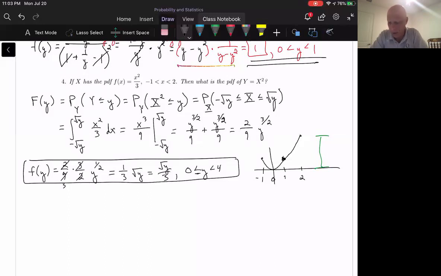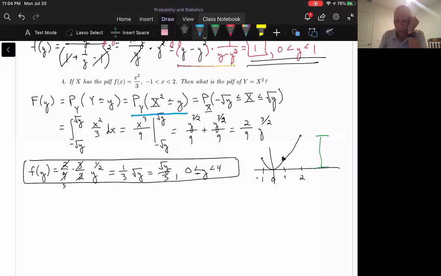I'm not too sure. But why is y greater than or equal to x squared again? You're talking about this part? Yeah.